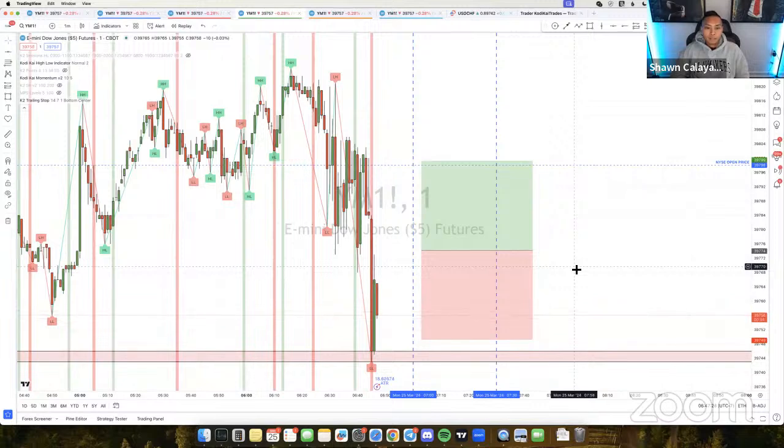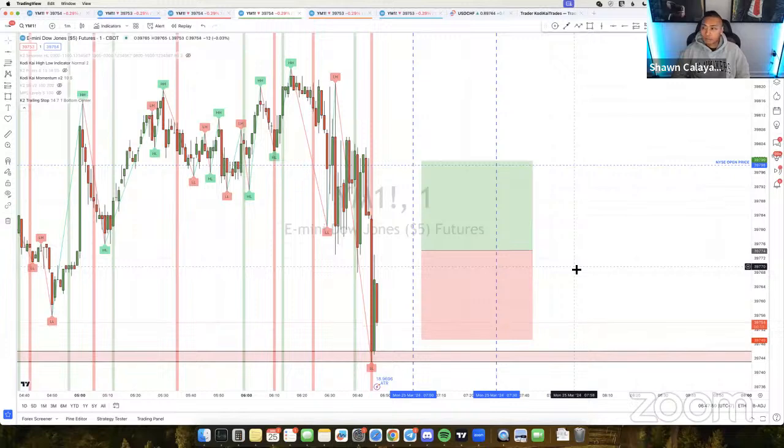My guess is that price might range down here for a bit, or might just consolidate around here for a little bit until it swings back up a little later. But again, we have news coming up at 7 o'clock, so it's getting a little close to news time, which is also a little tricky. So we're just waiting for that buy signal. There's no need to rush anything here.